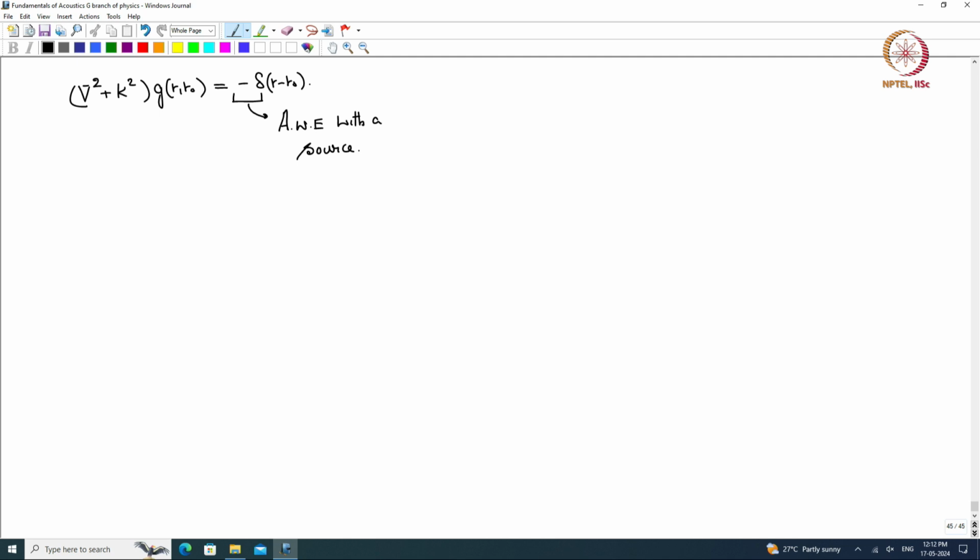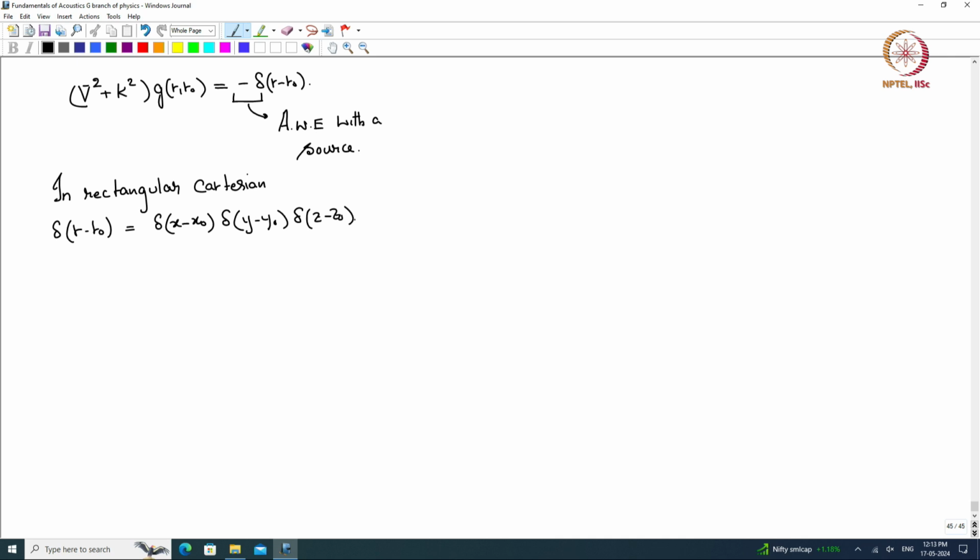Now this delta has a property. Let us say in rectangular Cartesian coordinates, this delta of r minus r0 looks like delta of x minus x0, delta of y minus y0, delta of z minus z0.